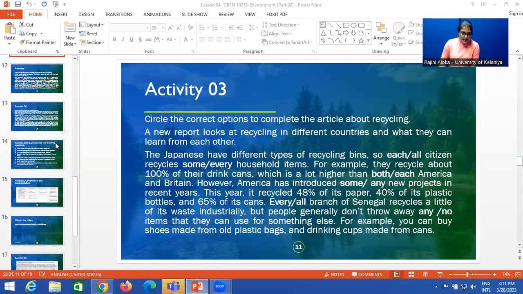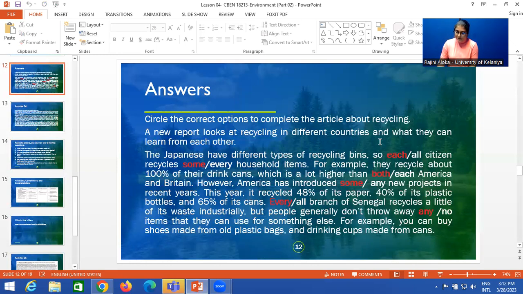Okay, let's discuss. So here I have highlighted the answers. Okay, let's read this. A new report looks at recycling in different countries and what they can learn from each other. The Japanese have different types of recycling bins, so each citizen recycles some household items.